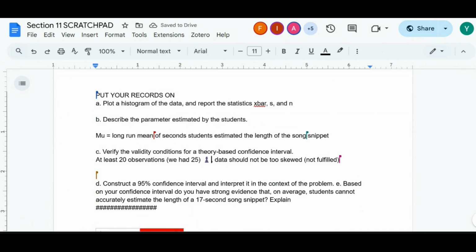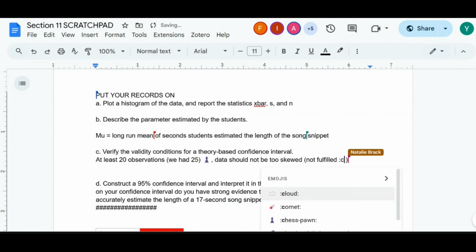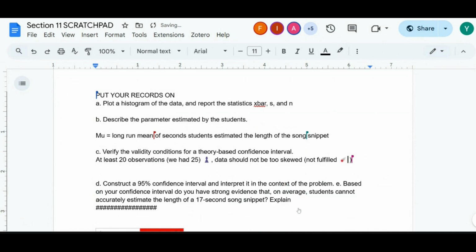Okay, the data should not be too skewed. This is not fulfilled. Okay, this one I want the cross. How do I get that one? Colon what? Let me see. Actually, I want to learn. Wow. Okay. Well, let's do this one. Okay. I see. Comet falling down. Okay. So not fulfilled.